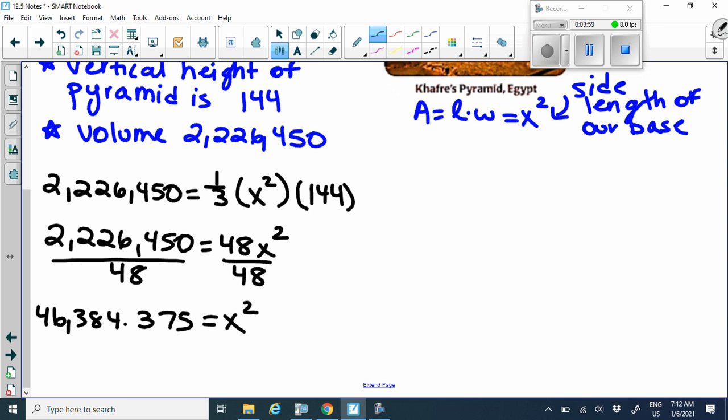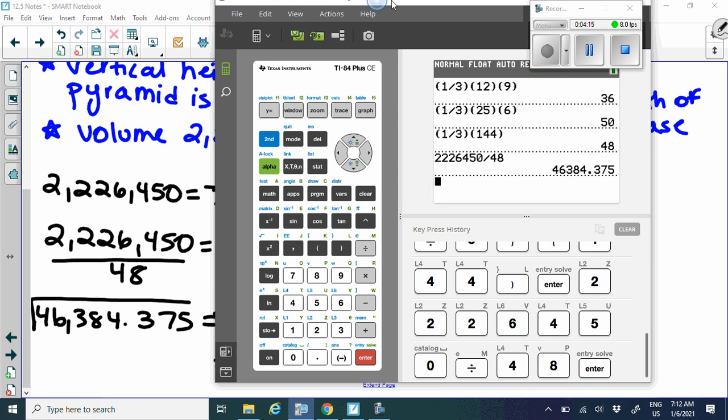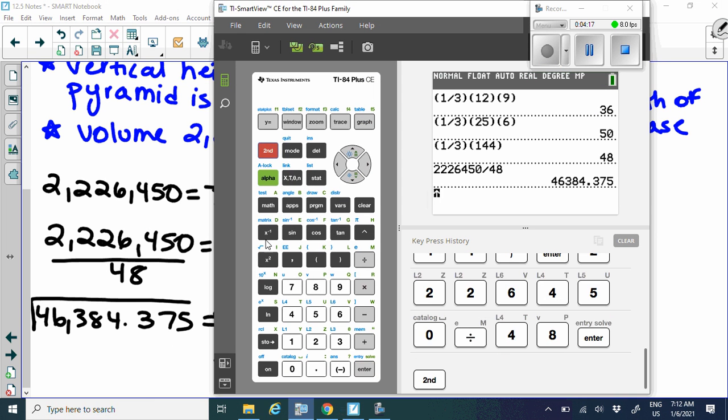Okay, now notice we have the square. Remember we talked about how can we undo a square? So to undo a square, we have to square root both sides. Okay, so now I get x equals, and here, let's see what we get. So I do my second, x squared.